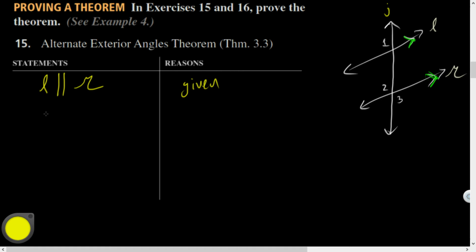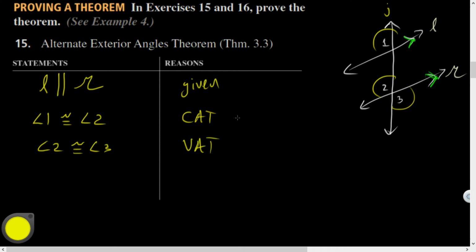All right. I'm going to say angle 1 is congruent to angle 2. Why is that true? Corresponding angles theorem. When I'm proving these other theorems, I'm assuming CAT has already been proven. I think I could then say angle 2 is congruent to angle 3.